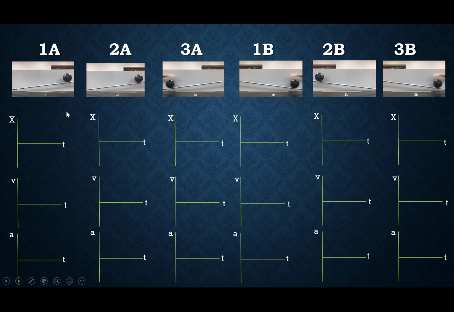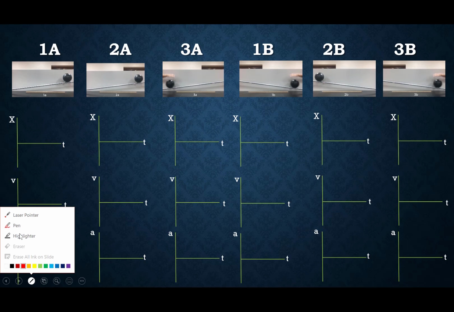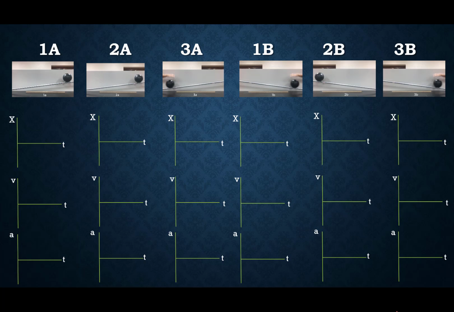The question is, how does it get there? Well, remember that on a position versus time graph, the slope is really describing the velocity. Or if I know the velocity, I can come up with the slope.